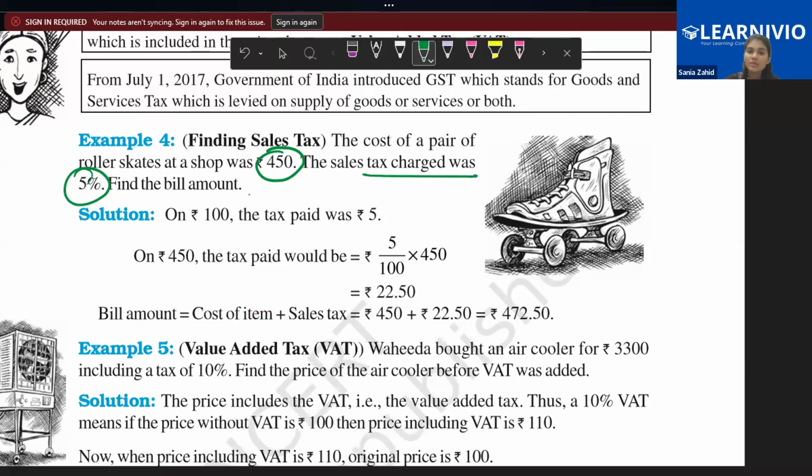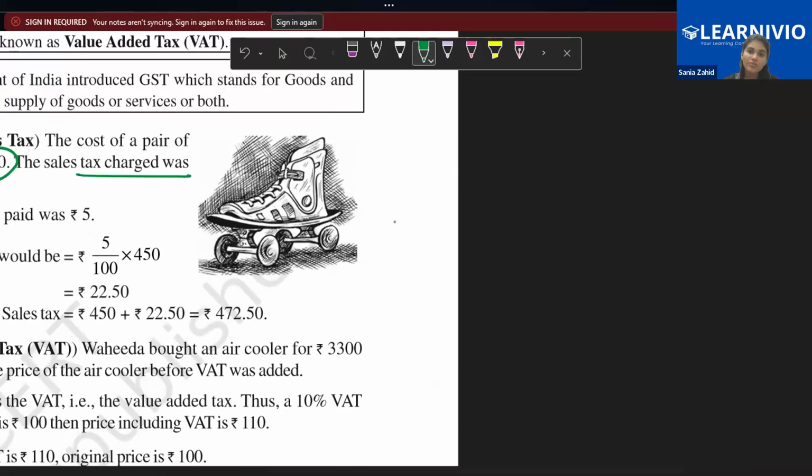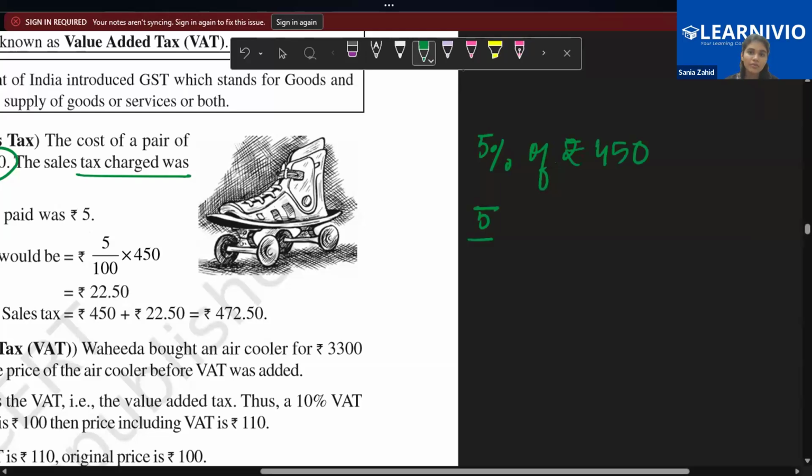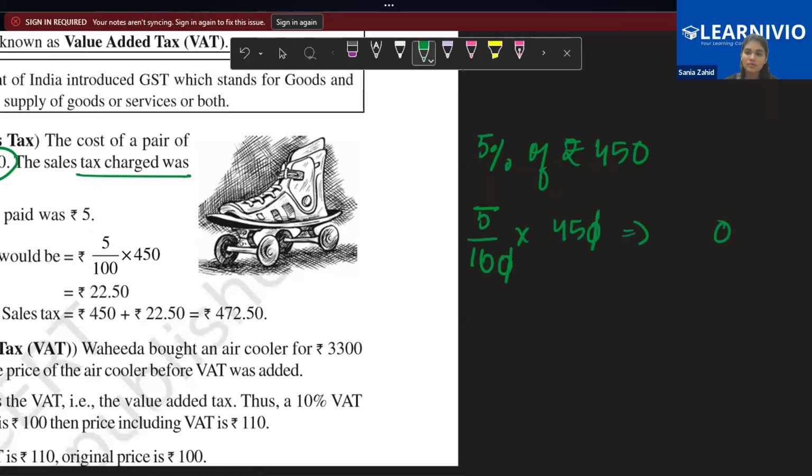So 5% of tax means you will calculate 5% of 450 rupees, right? So 5 by 100 into 450. Cancel this and this. What do you get? 22.5 rupees. So that means 22.5 rupees is the tax amount.